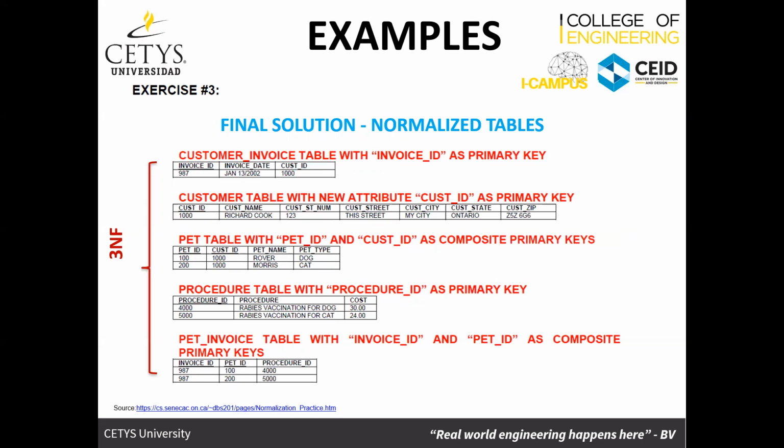So we're going to add a customer table that has a customer ID, just so we can clearly identify our customers. So a customer invoice table, a customer table, a pet table, the procedure table, which just has the procedure ID, the name and the cost, and the pet invoice table. And all of these are normalized, or in normal forms, and are ready to be used. Okay.